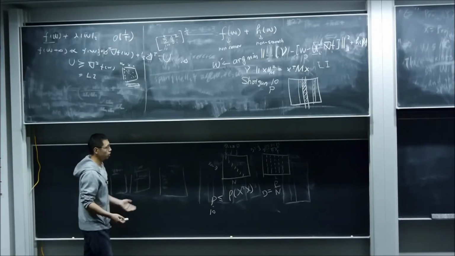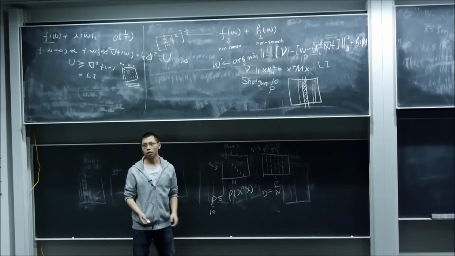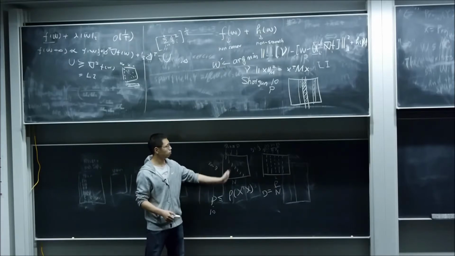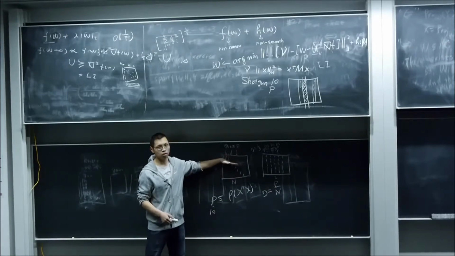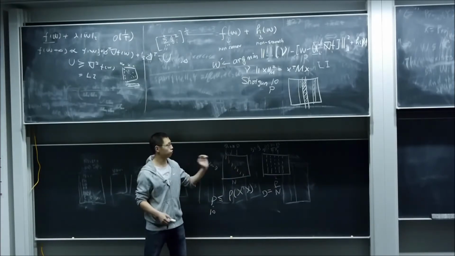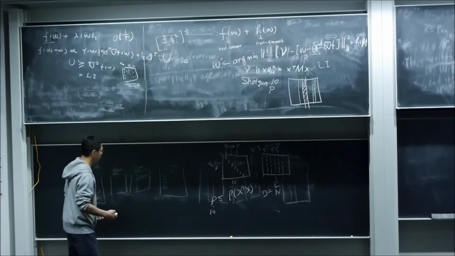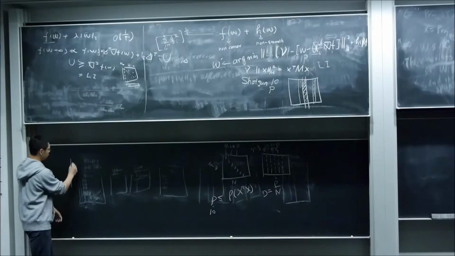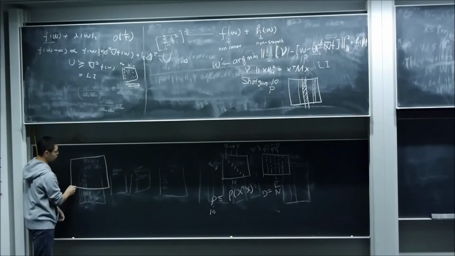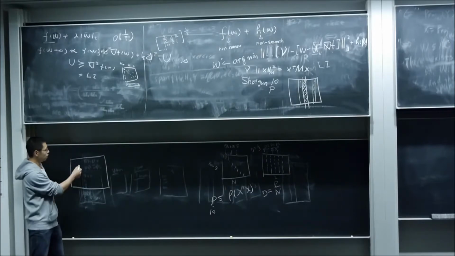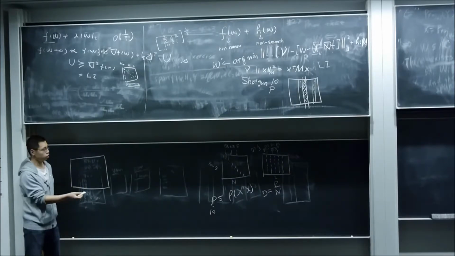So you need to divide the matrix onto multiple machines. You have two choices here: partition by rows or partition by columns. We first look at how to partition by columns. This is the X you have, and maybe you have 4 machines.